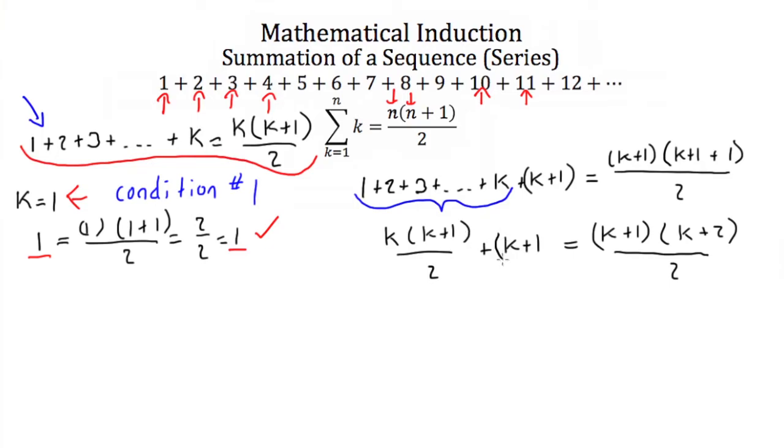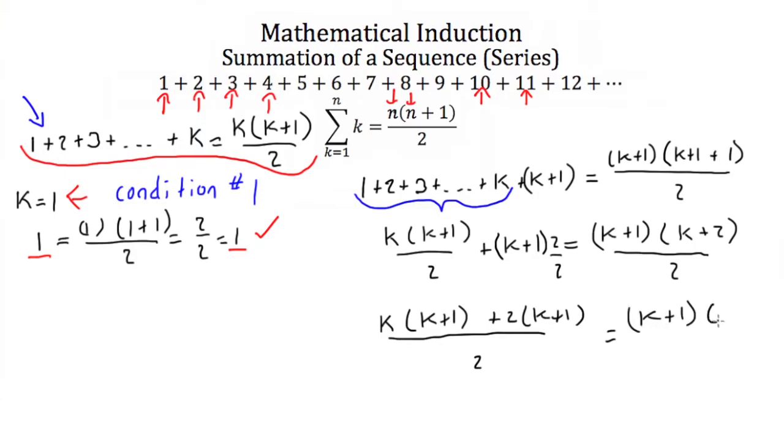To do this, I'm going to multiply this term here by 2 over 2, just so I have a common denominator. So this will become k times k plus 1 plus 2 times k plus 1 all over 2, and it's still equal to k plus 1 times k plus 2 over 2. Now I'm going to simplify this numerator.